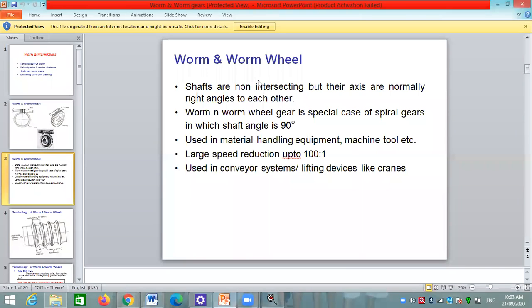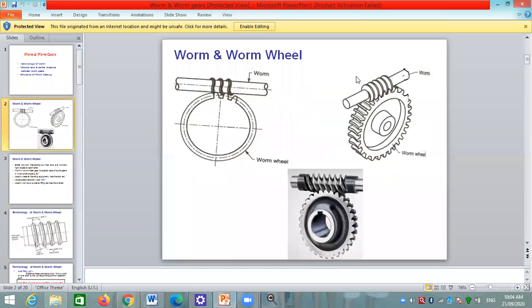In this worm drive, if we see here in this diagram, the hands of these gears are the same. Means if the worm is left-handed, then the wormwheel or worm gear is also left-handed. Or if the worm is right-handed, then the wormwheel is also right-handed.